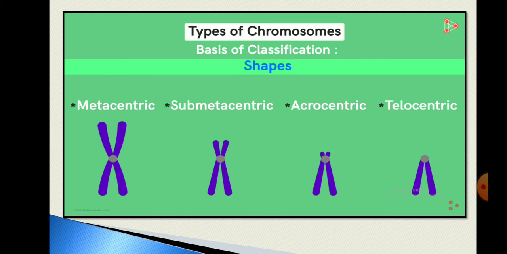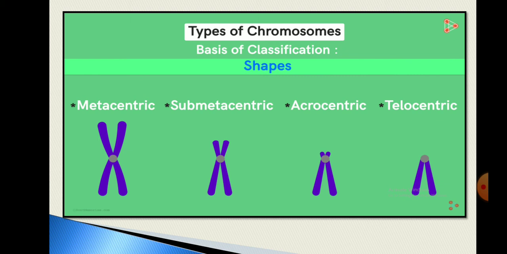Different types of chromosomes on the basis of the position of the centromere, starting with metacentric. Metacentric chromosomes are those where the location of the centromere is in the middle, and it results in the formation of arms of the chromosome which are almost equal in length.